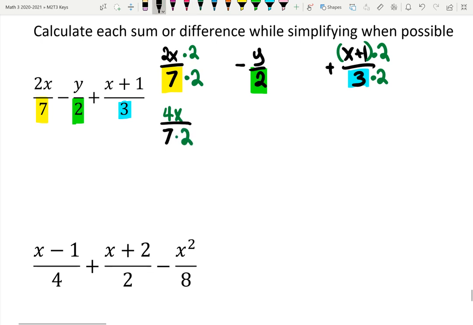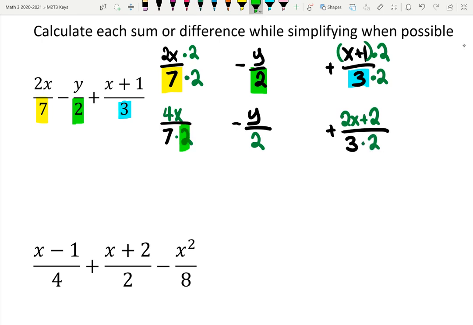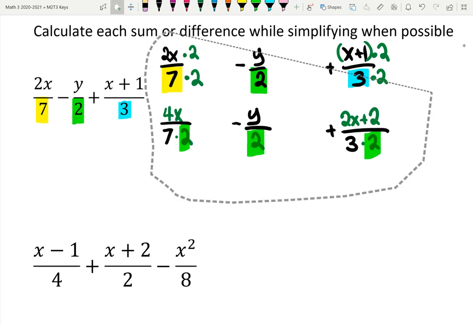Yes, I know it's 14, and you're going to want to do it, but I'm going to just leave it like so. 2x plus 2 all over 3 times 2. So what we did was we created a situation where all of the fractions share a denominator of 2.